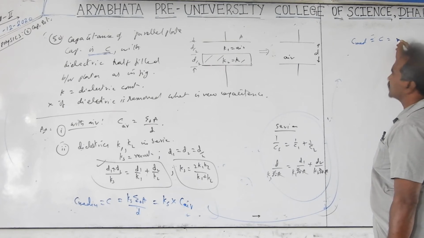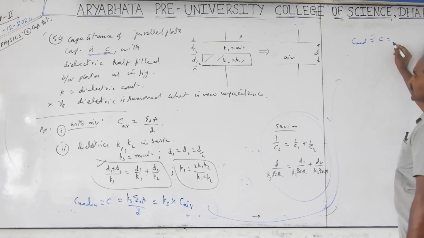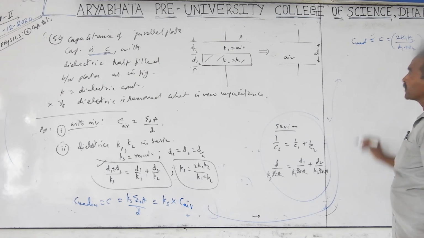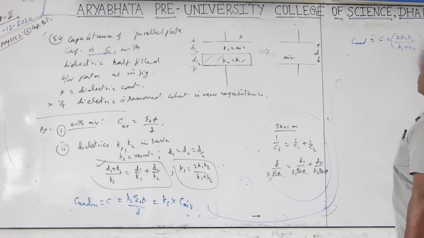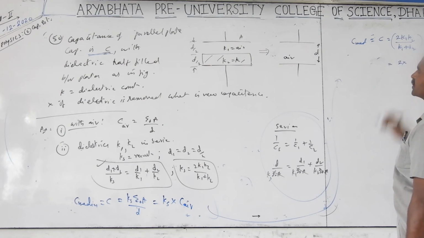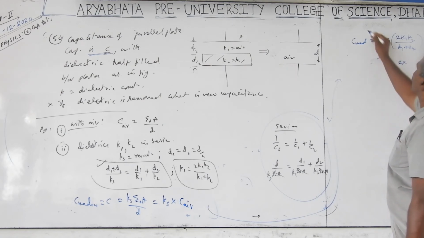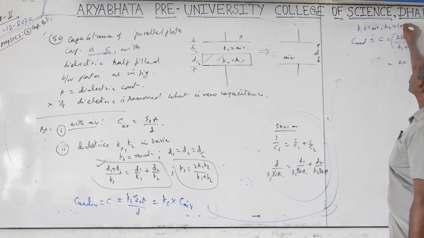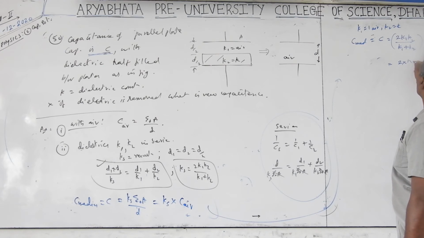So C with medium is equal to K series, which is 2 K1 K2 by K1 plus K2, into C air. K1 is 1, that is air, and K2 is K. So it is 2 into 1 into K by 1 plus K, times C air.